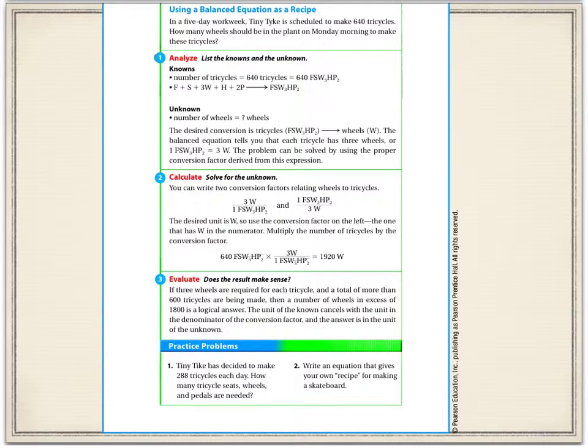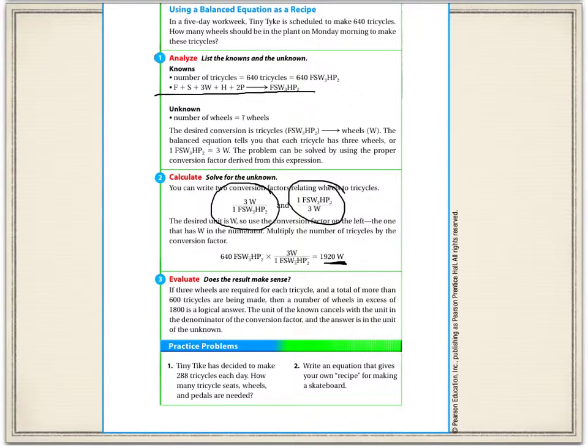Here's our equation, out of the book. Here's my relationship: 3 wheels are needed for 1 trike. I could set it up with 3 wheels on top, or with 3 wheels on bottom. It just depends which way I want to do it. What we want to end up with is wheels.